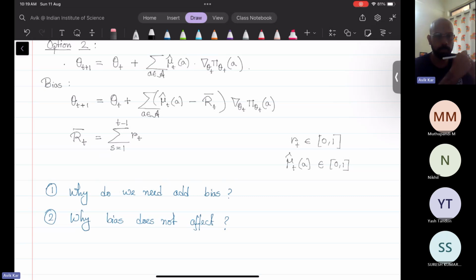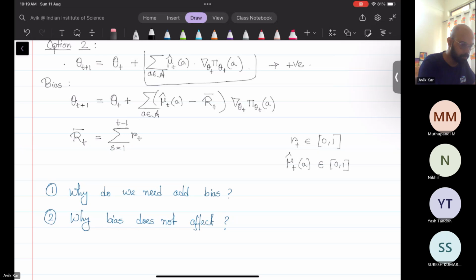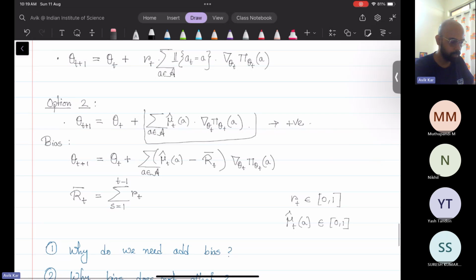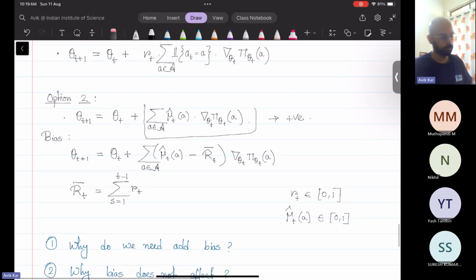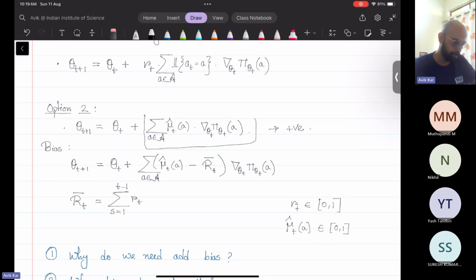It is very much likely that you're always going up. So the entire term will be positive. It is not necessary, but it can happen that all the terms are positive. And each round you are adding this to theta t, and theta t is basically blowing up.